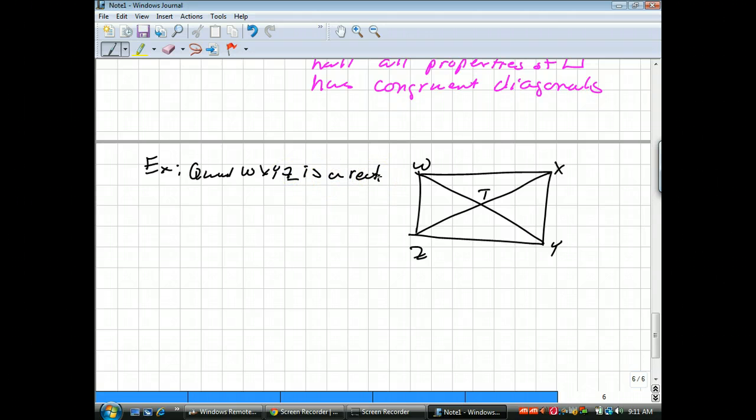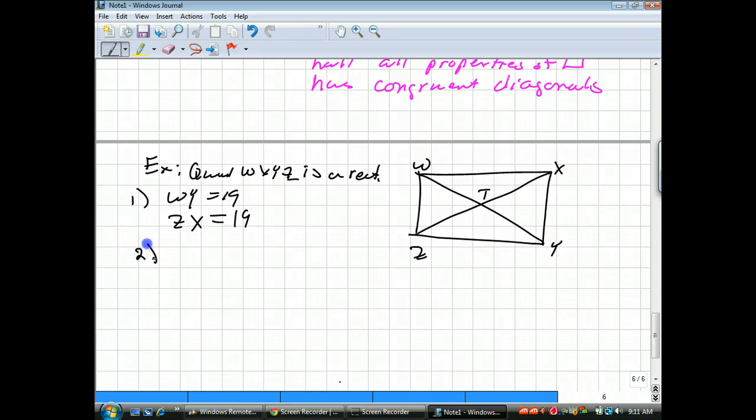So that's our given. So if the length of WY is 19, WY is a diagonal, then ZX is also a diagonal, and we know the diagonals are congruent, so then it must be 19.